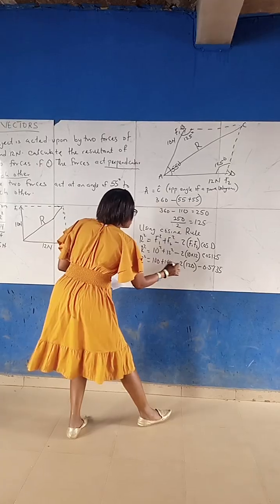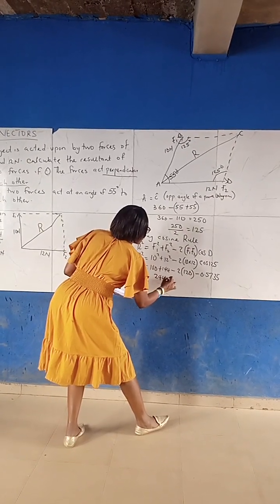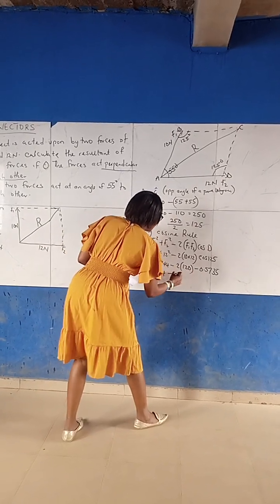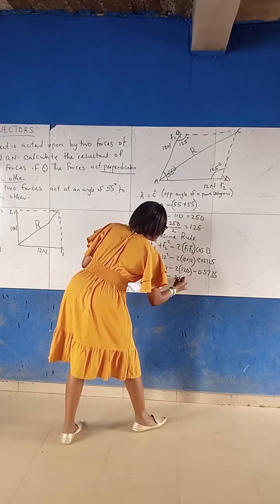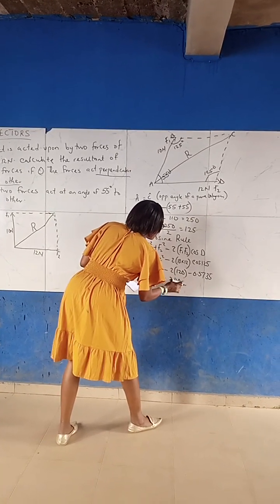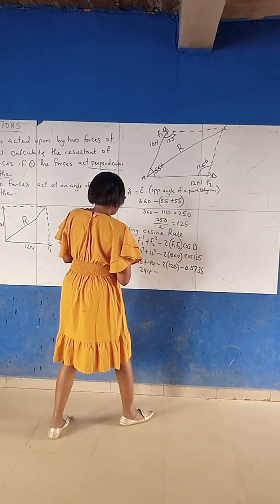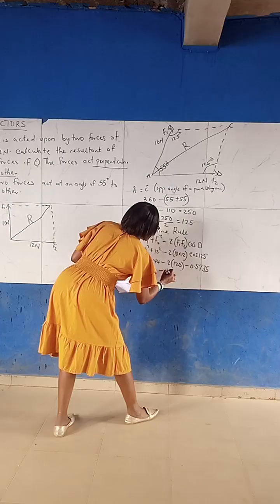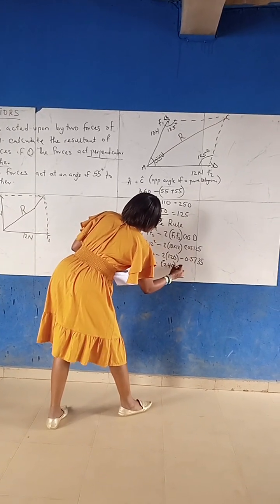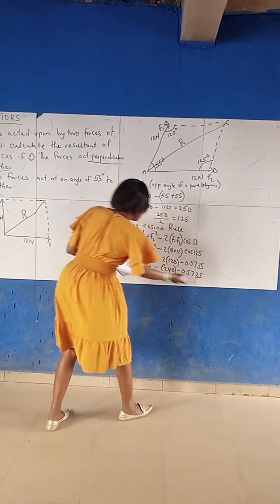So my 100 plus 144 is going to give me 244 minus 2 times 120, that's 240, times minus 0.5735.